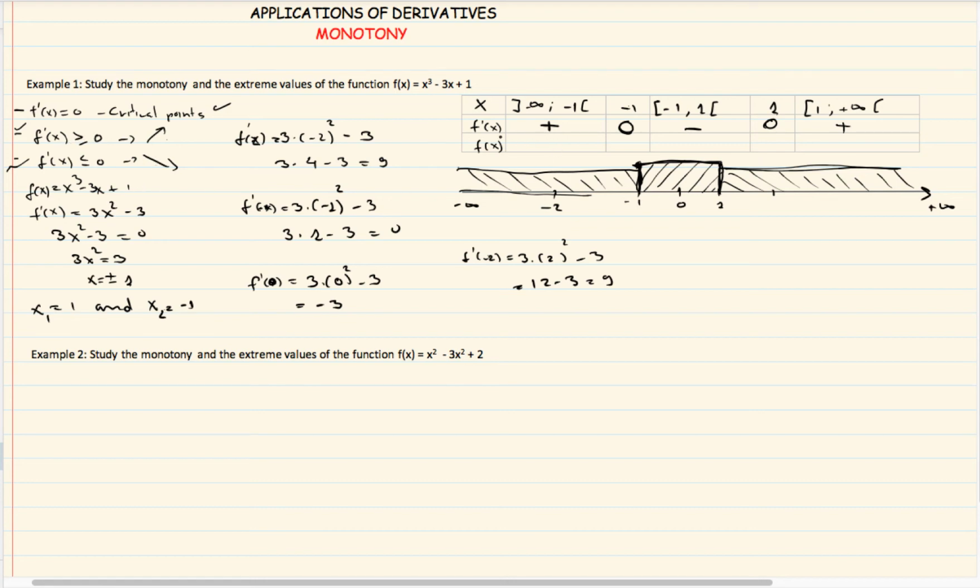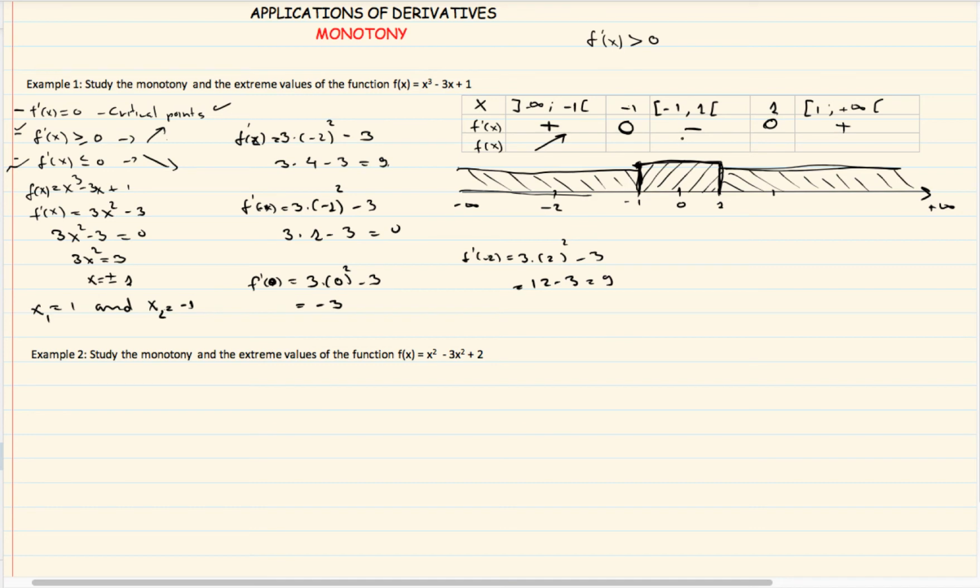Yes, the derivative of this function at this interval was positive, and any number that is positive means that this number is greater than 0. So this condition is fulfilled, then our function is increasing. Why is it increasing? Because f dash of x at that particular interval was indeed greater than 0, which was 9.